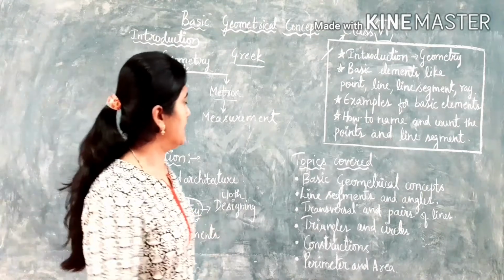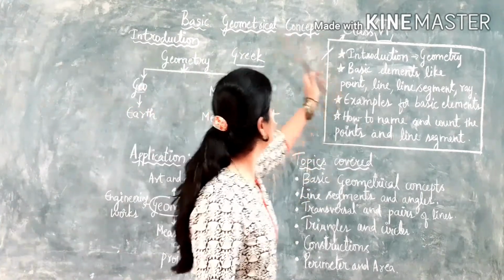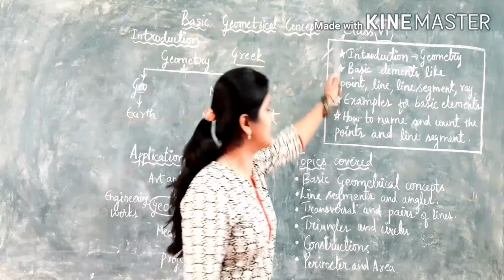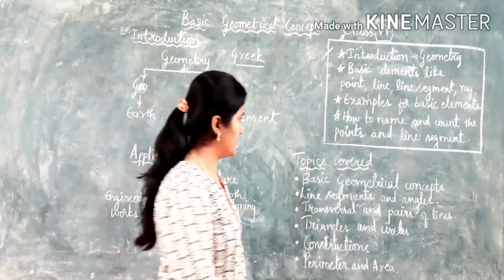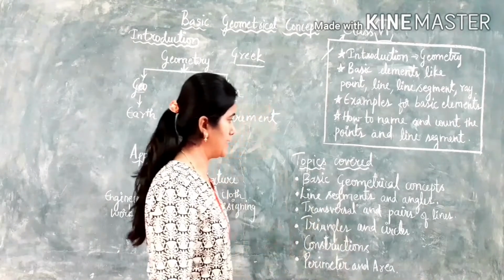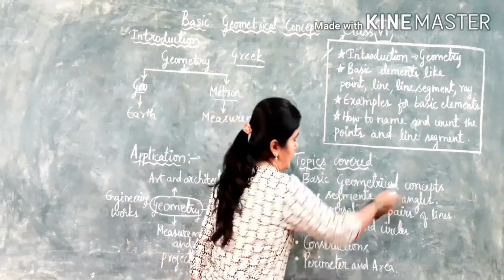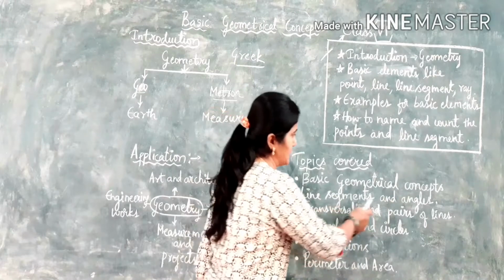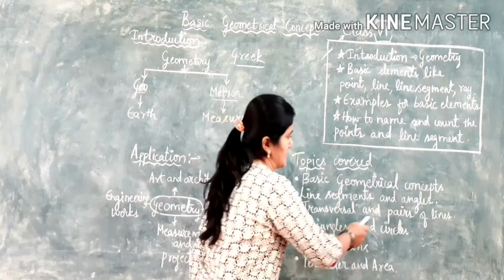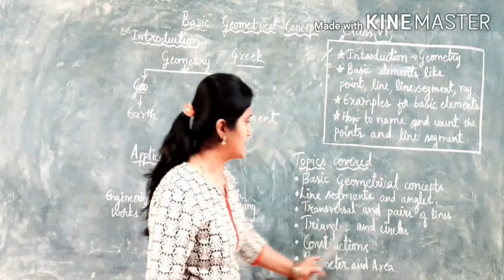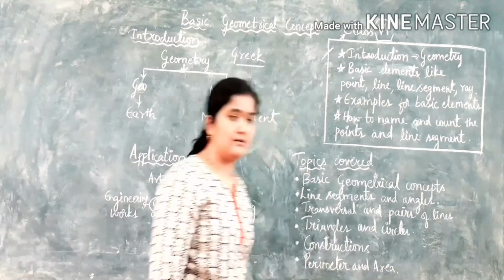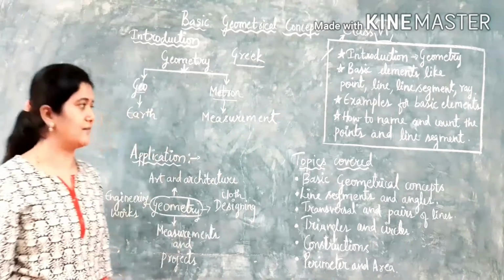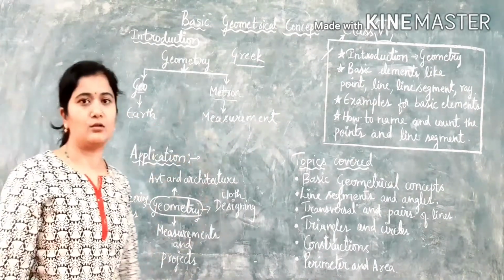So under geometry in class 6 we are going to cover the topics. Which are the topics covered under geometry? Basic geometrical concepts, line segments and angles, transverse and pairs of lines, triangles and circles, construction, perimeter and area. So first let us start with the basic geometrical concepts.